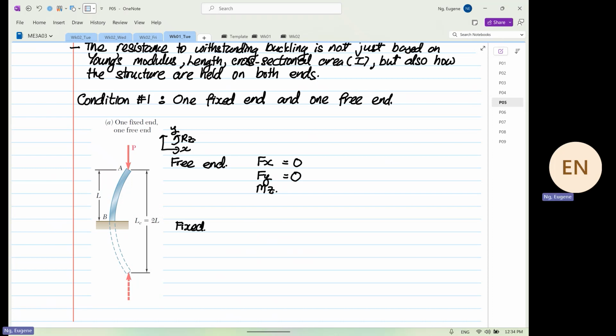Reaction force in the Y direction is equal to 0. Moment is equal to 0. Whereas on the other side, where we have the fixed end, we have Fx, we have Fy, and we have moment about Z. What we know at the fixed end is that none of these is equal to 0.